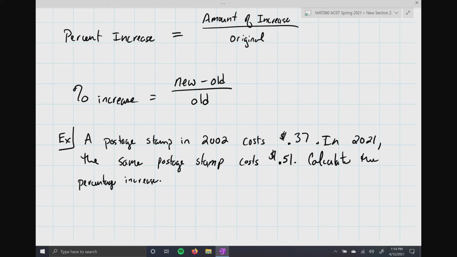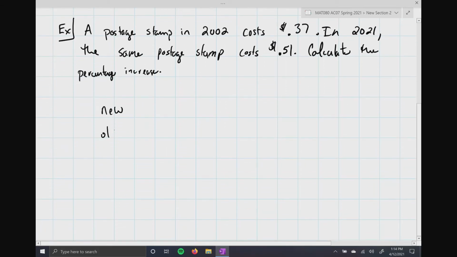So here's what we know. We know that the cost of a stamp increased. So when I go ahead and label these things like new and old, the new price is going to be the price today, 51 cents.